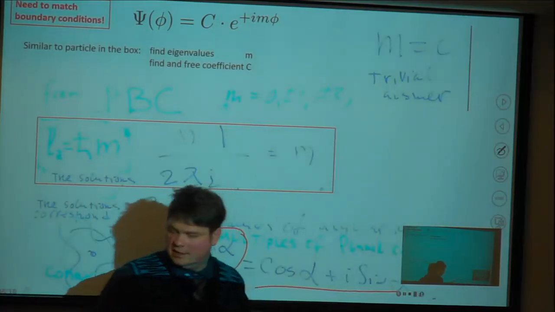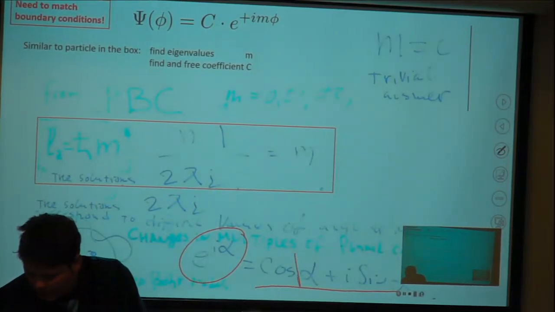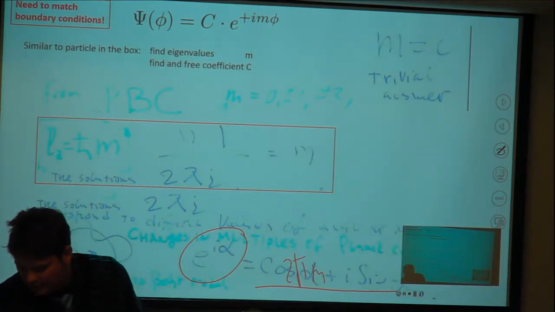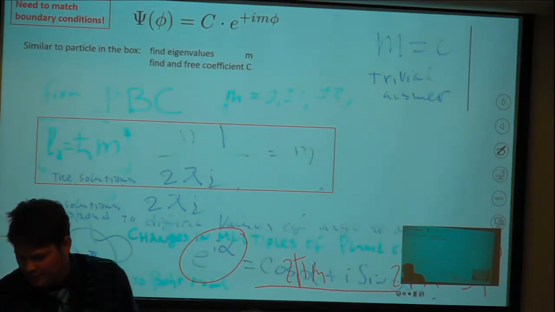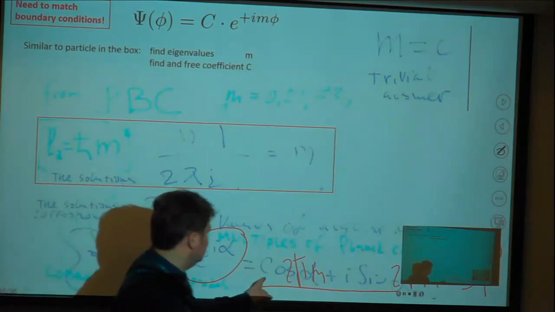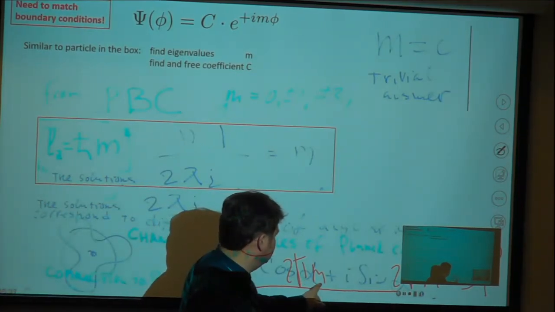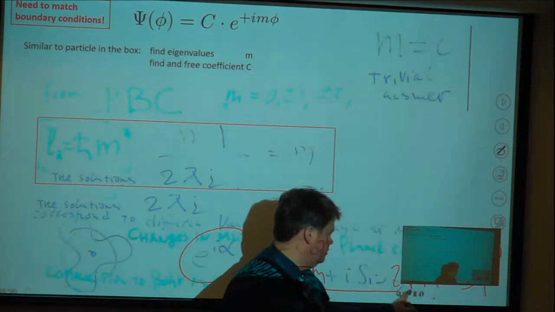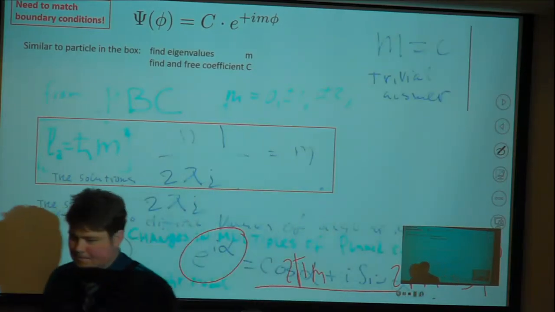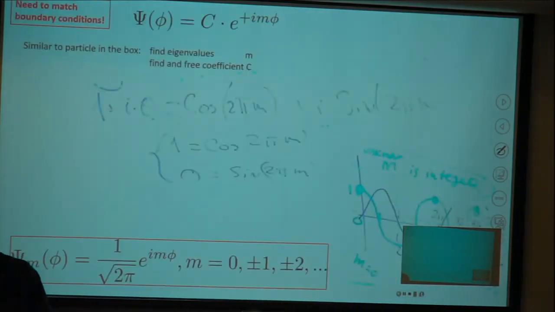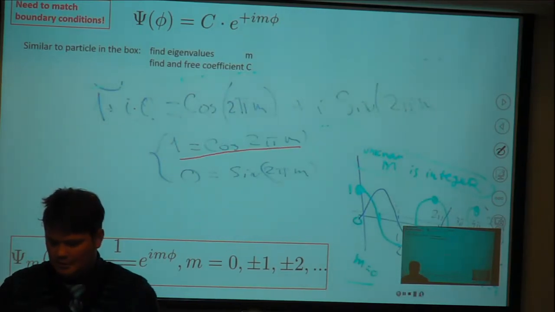So cosine of 2 pi m plus i sine 2 pi m equals 1 plus i multiplied by 0. So you can solve either that cosine 2 pi m equals 1 or sine 2 pi m equals 0. Right?